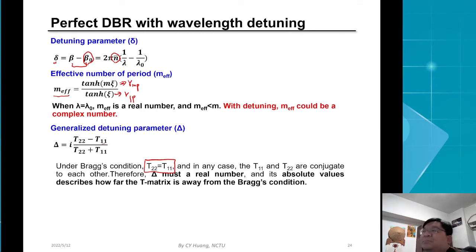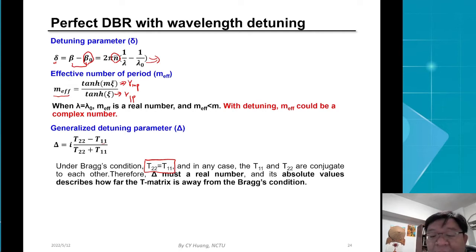So in this way, probably it is not the degree of detuning. It is no more defined by a perfect Bragg condition. It's not applicable now, but we can still observe how much the detuning is by the difference between the T22 and the T21.